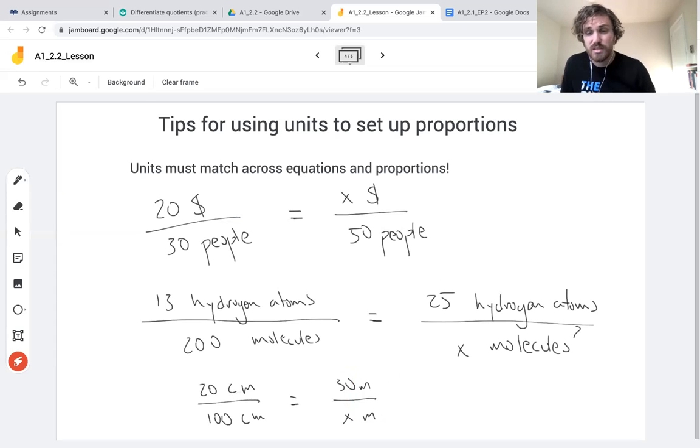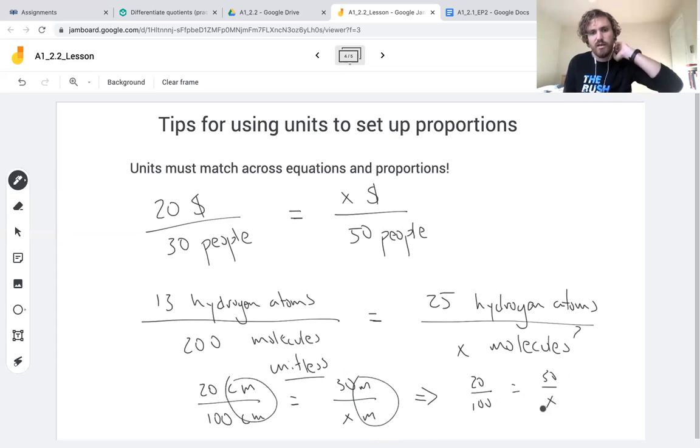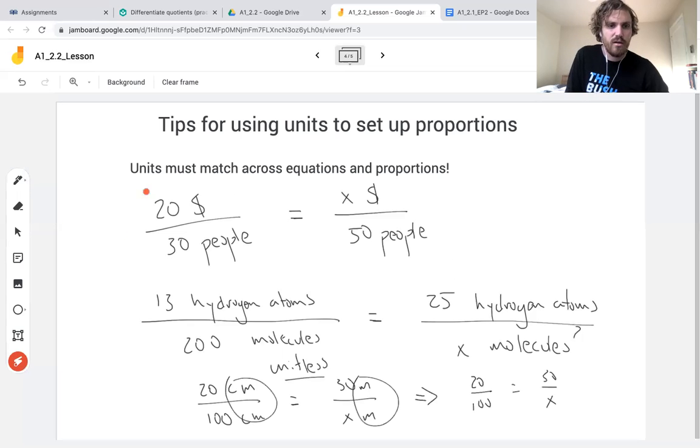Meters over meters is just 1. Those units cancel, basically, so we would say that these are, in fact, unitless. So the units still match because these are unitless. We could rewrite this as just 20 over 100 equals 30 over X. So if you have the same units over the same units on both sides, that's okay, because then you have no units. Okay, so units must match across equations and proportions, because proportions are just one type of equation.